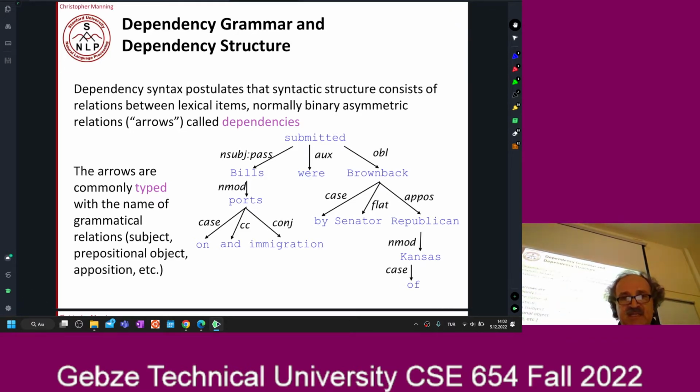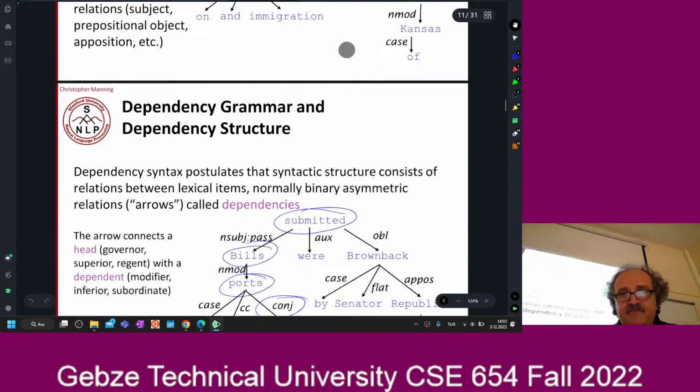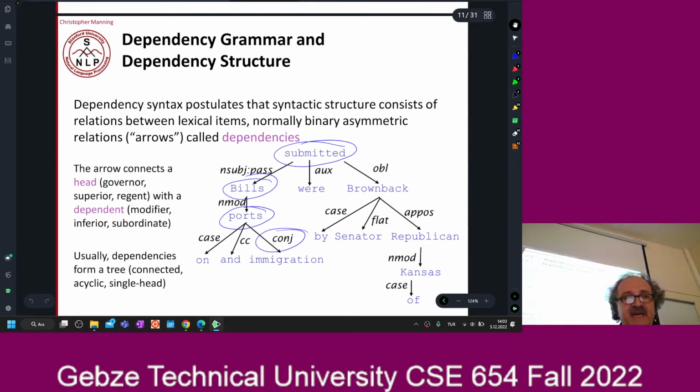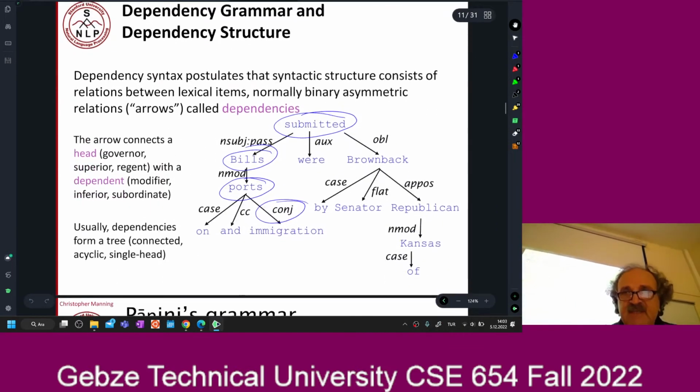These relationships are shown by the arrows. Some people show the arrows the other way, but in this example we are going to show it this way. Those arrows are single directional relationships, and they are typed.